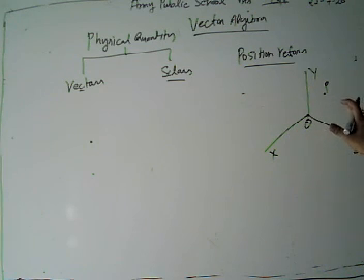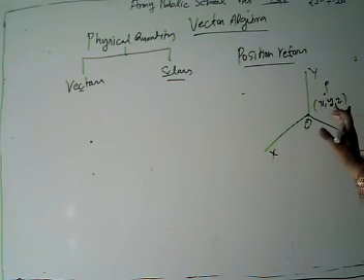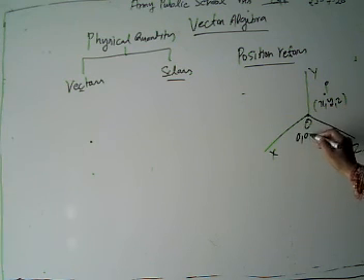The point P in space has coordinates X, Y, Z, and the coordinates of the origin are 0, 0, 0.